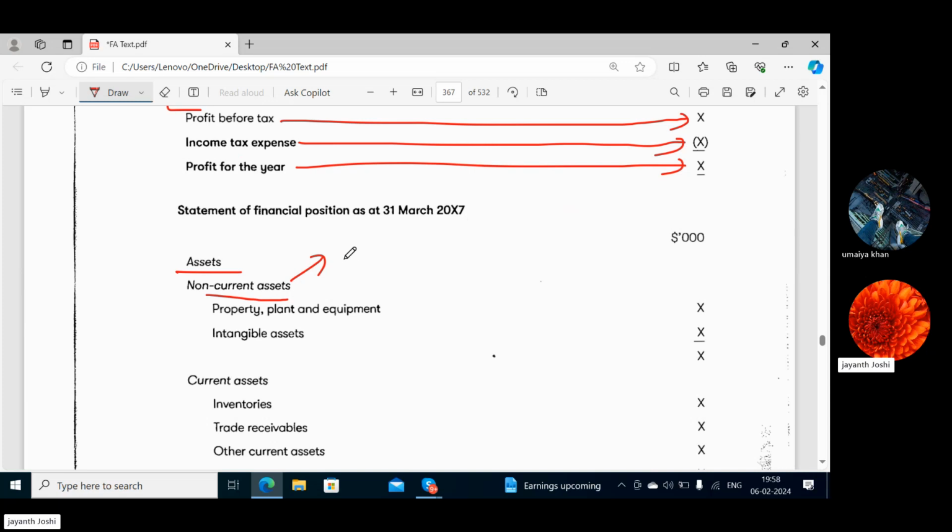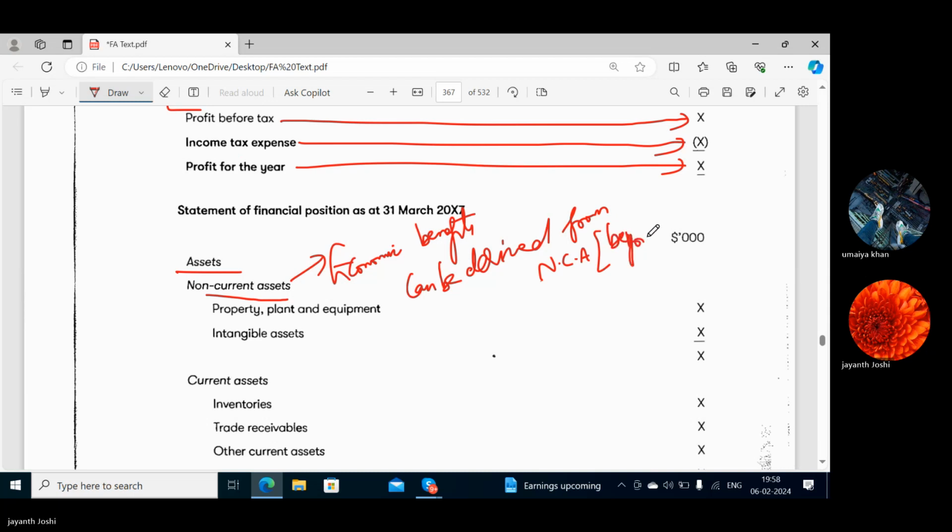So economic benefits can be derived from non-current assets. The time period is beyond a year.